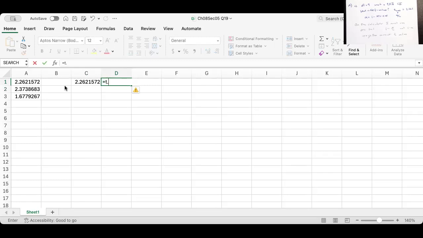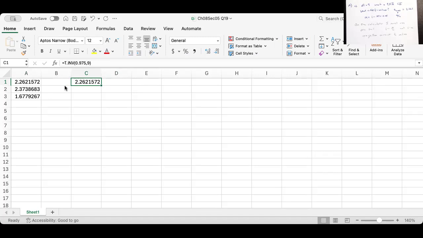Equals T dot. They got rid of the inverse right tail. They have a distribution right tail. The updated Excel got rid of the right tail one. We can't do that anymore. Sorry, I have it written down from where I looked it up over the summer, and that was the way it said it worked, but nope. They got rid of it in the new update. So we'll stick with either doing both tails or the left tail, left side.